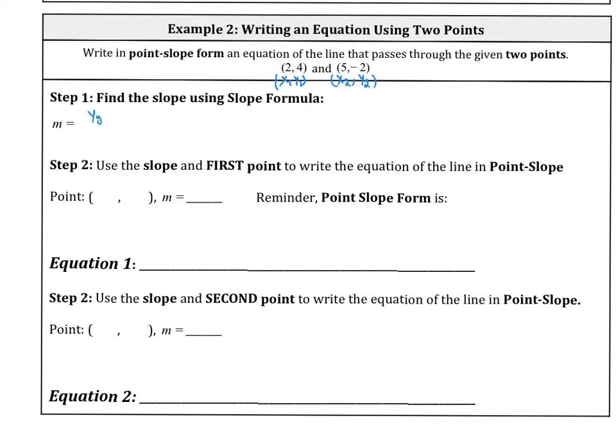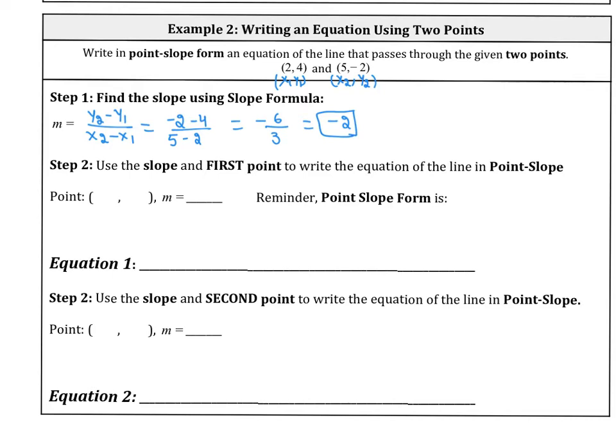So the formula is y2 minus y1 over x2 minus x1. So -2 minus 4 divided by 5 minus 2, that is -6 divided by 3, which gives you -2 as your slope.